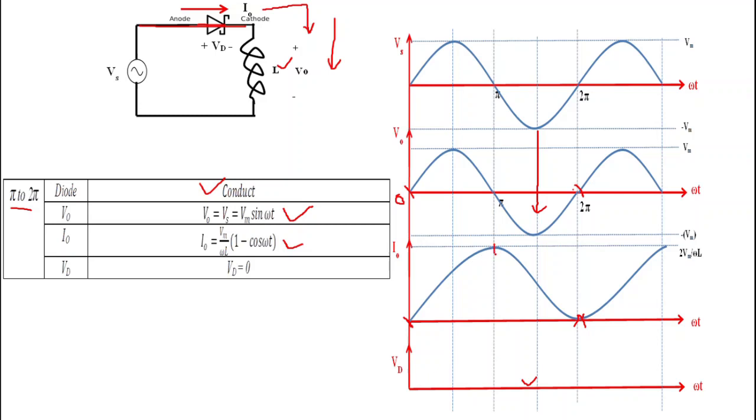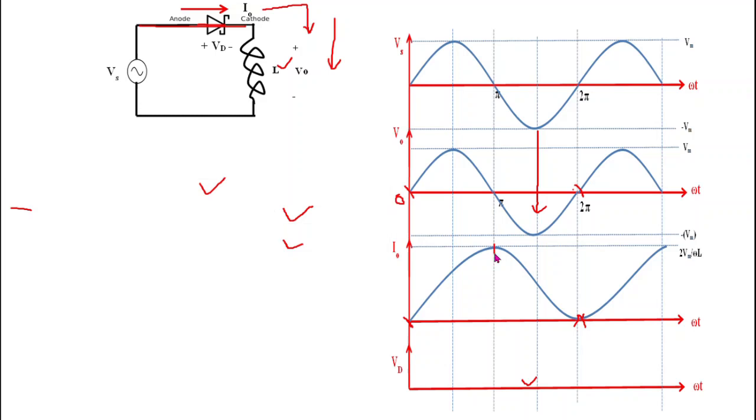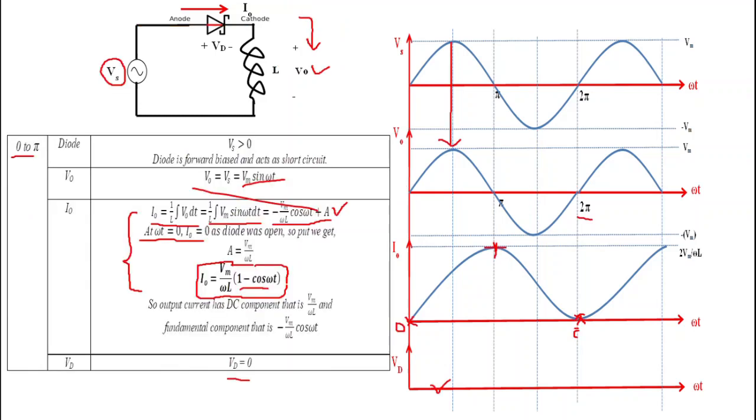So from the exam point of view you have to remember this, and you have to remember this equation: I0 is equal to Vm by omega L times 1 minus cos omega t.